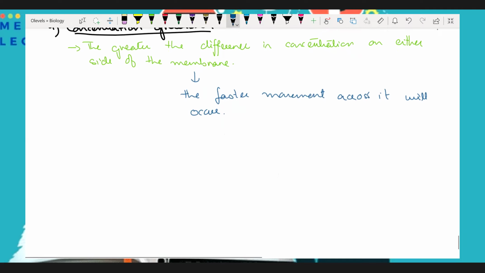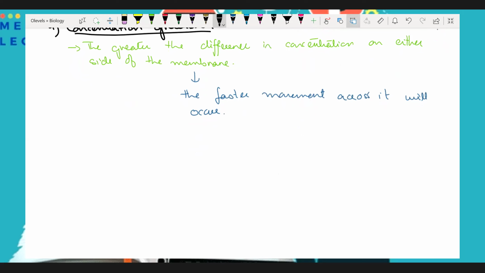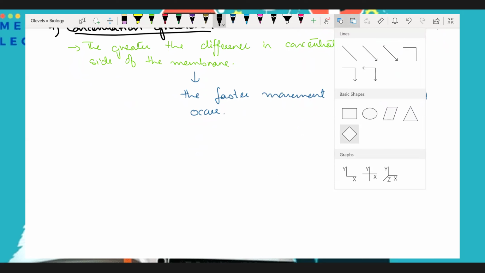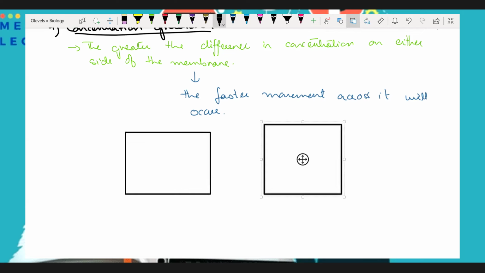That is because, suppose let's take an example over here, that at this side I have more particles, right?